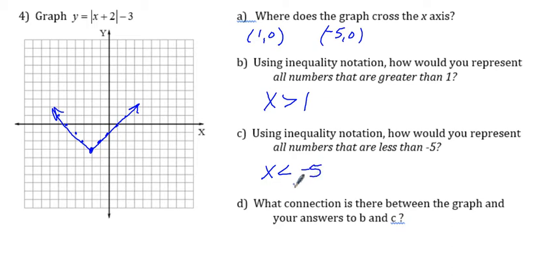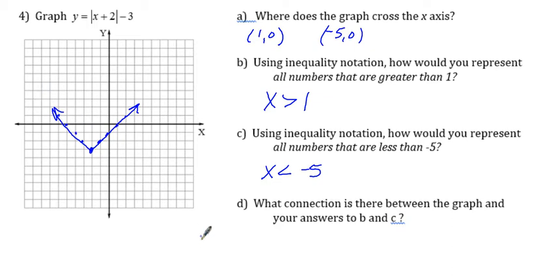So let's make a connection between these two inequalities and our answers to the intercepts. Let's look at the graph. What is happening when x is greater than 1 or when x is less than negative 5?